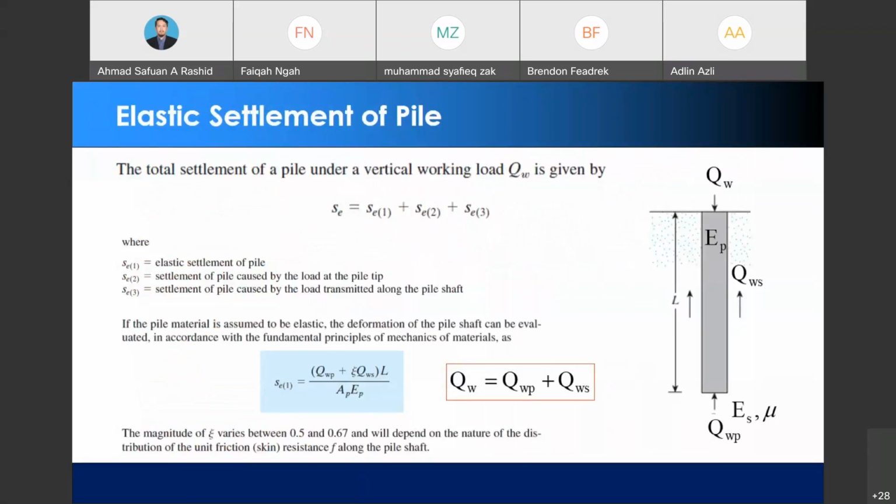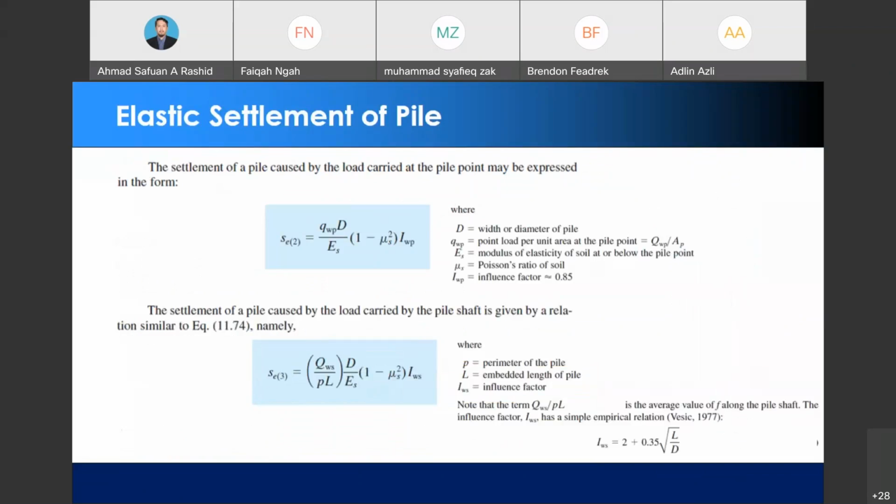Basically it is based on the Qw. From there you may put the values into the equations. So this is for a single pile. You go through this formula to get the settlement.